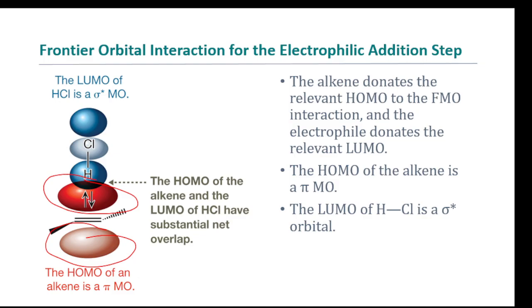So this overlap, which side it attacks faster, that ends up not being a concern for these ones. Okay. This is the HCl anti-bonding sigma orbital here, by the way. And this is, again, the pi orbital in this case. Notice there's a lot of similarities between the electrophilic.